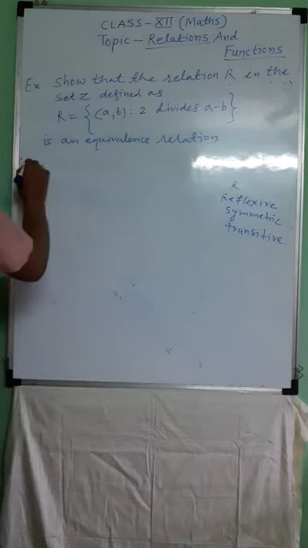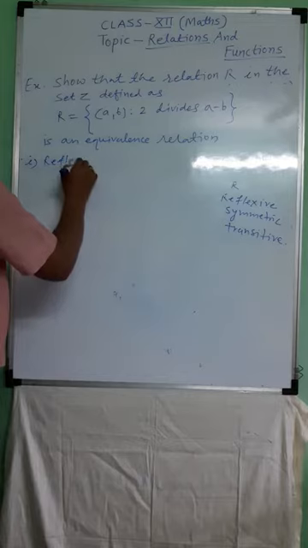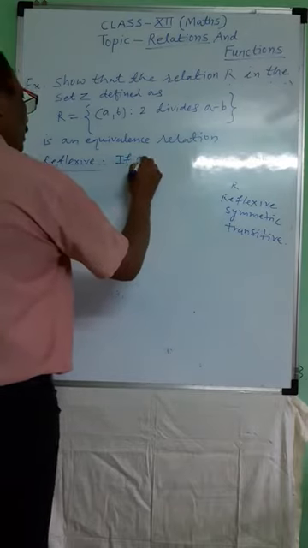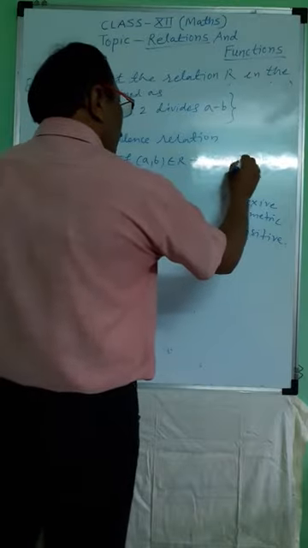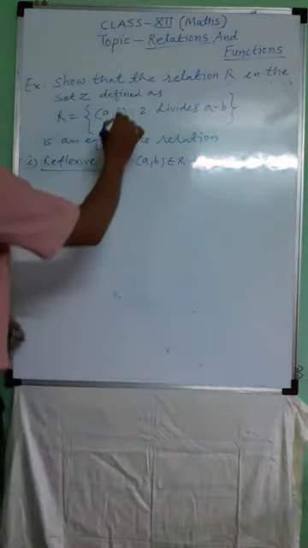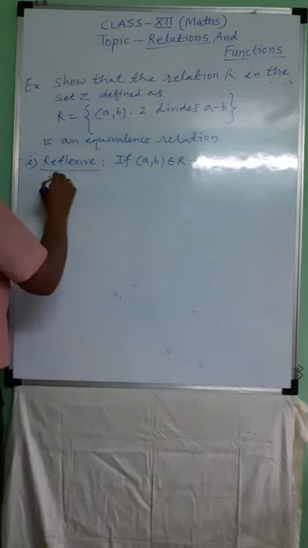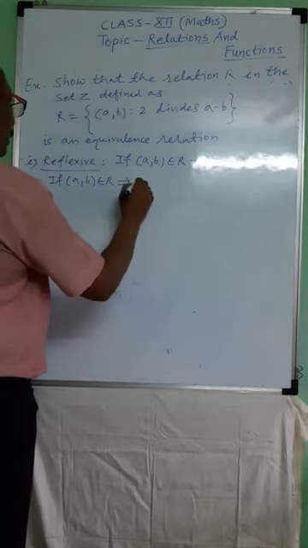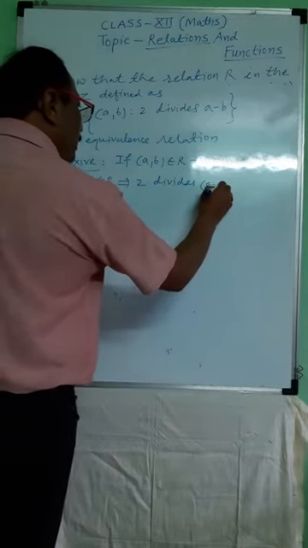Number one, we write reflexive. Reflexive means if (a, b) belongs to R, then (a, a) belongs to R. Suppose (a, b) belongs to R, meaning 2 divides a minus b.